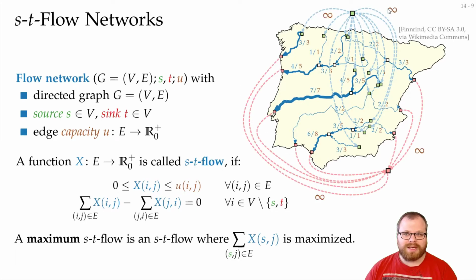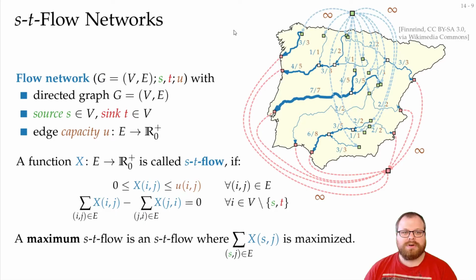And if we make the capacity for all those additional edges infinity, then if we have a flow in this ST network, we also get a valid flow in the input network and the other way around. It's completely equivalent. So as long as we can solve this case here with a single source and a single sink, we can also solve the case with many sources and many sinks.